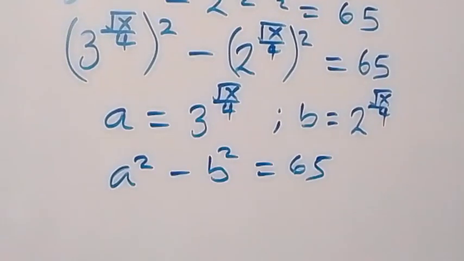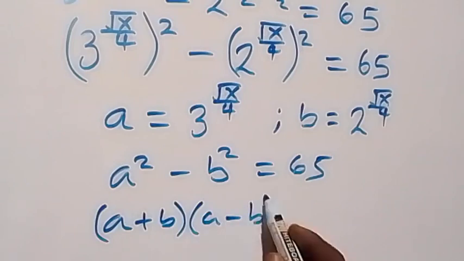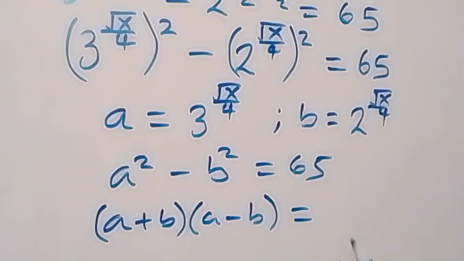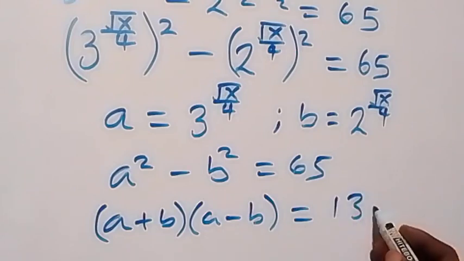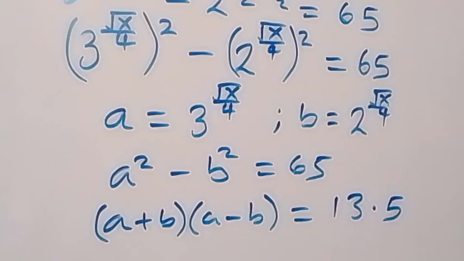And here we have perfect square, that is a plus b multiplied by a minus b, then equals to here. Let's separate 65 as 13 times 5.